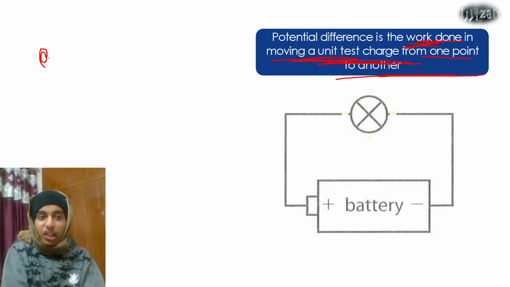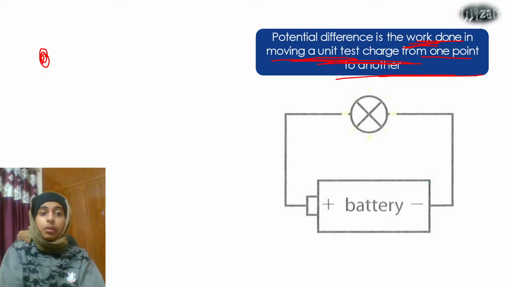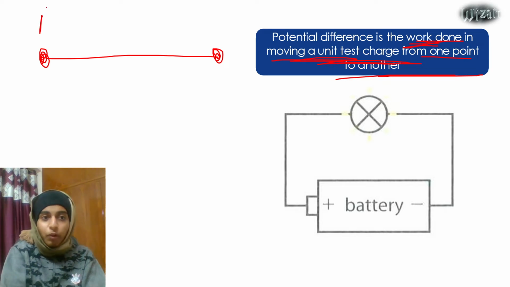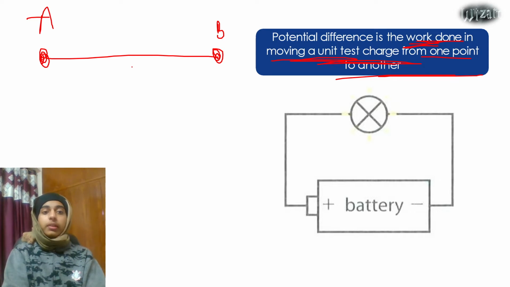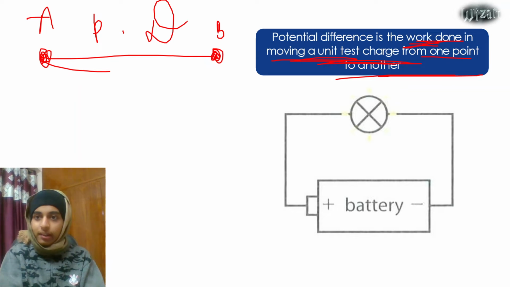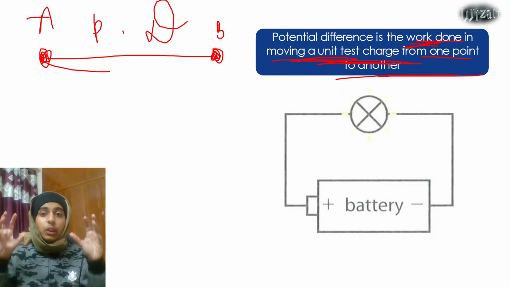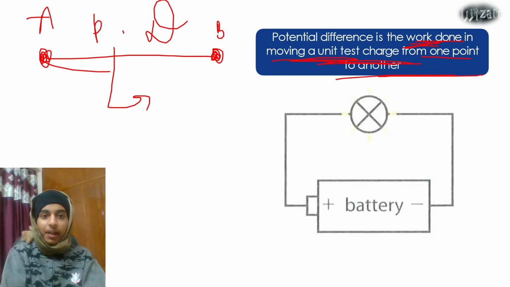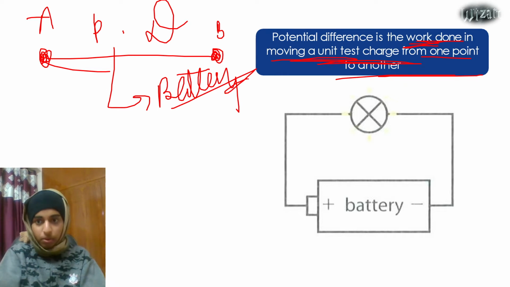Let's suppose this is my charge, and because of some work, I am moving it from point A to point B. The difference between those two is known as the potential difference. I hope that is clear. It is the work done in moving a unit test charge from one point to another, and it is supplied by a battery. The battery gives the potential difference, always remember.